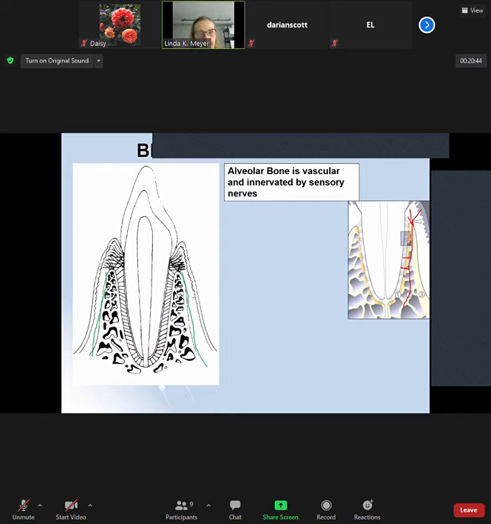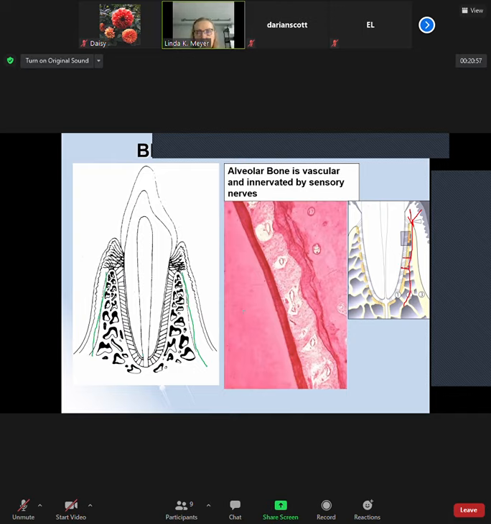When your mirror rim hits that, it's very uncomfortable because you're stimulating pain nerves associated with the alveolar bone. Okay, this is a slide we looked at before too, of alveolar bone proper, and this shows us the blood supply within parts of the alveolar bone.